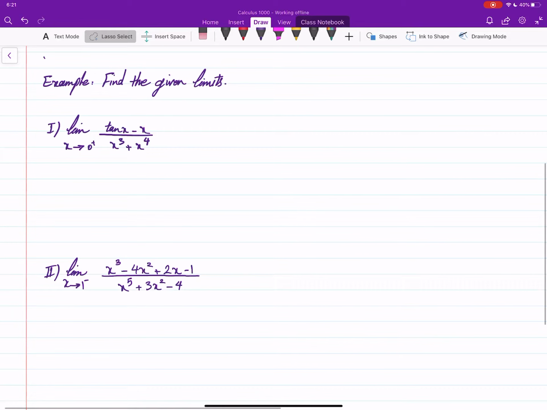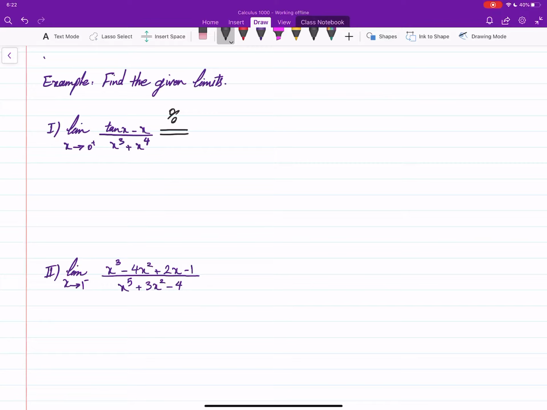We have tan x minus x over x cubed plus x to the power 4 as x goes to 0 plus. Okay, first thing is to try to evaluate the numerator and denominator separately, and you get 0 in the numerator, 0 in the denominator. 0 over 0 is not the value of the limit.